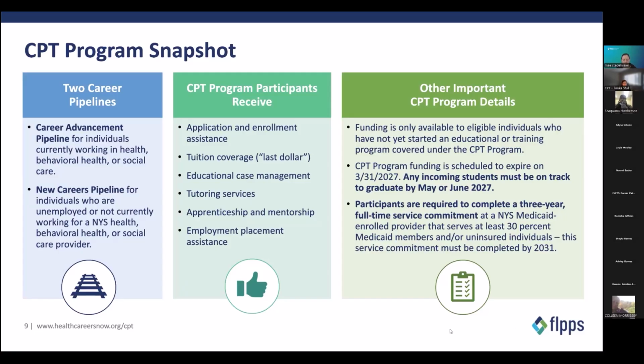Basically, by the end of the spring of 2027, all participants must have completed their academic program. So any incoming students must be on track to graduate by May or June of 2027. We know that, because we are working with over 45 schools, the graduation dates are different, but basically they happen between May and June.